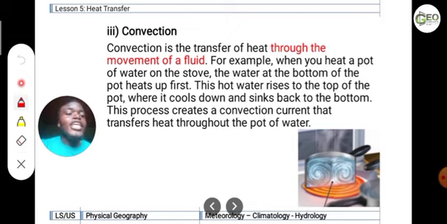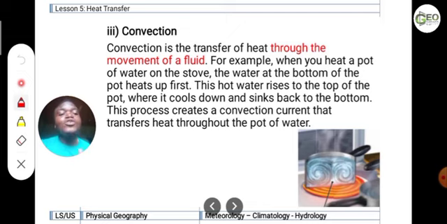Now, if all the water molecules have to be heated, it is thanks to convection, because the warm water molecules, which become lighter, tend to rise towards the surface, and when they reach the surface, they are cooled again because the surface of the water is cooler than the bottom, which is already heated.